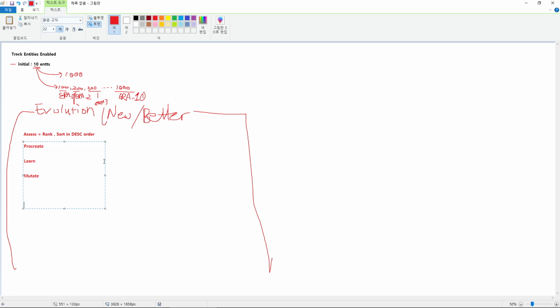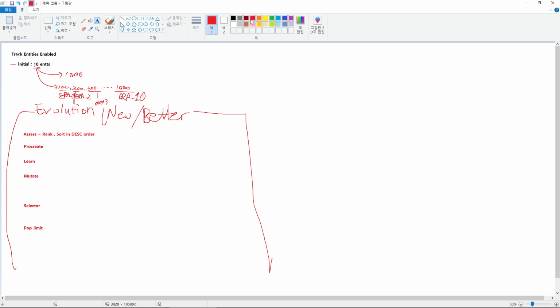And then way after that, the selector would do its job, and then the population limiter would do its job. Okay, so this is the order in which events happened per generation.